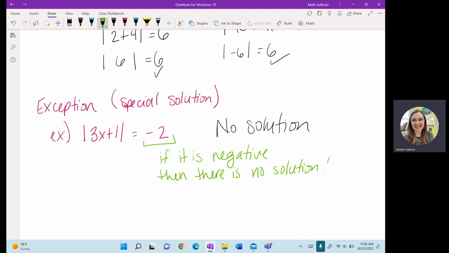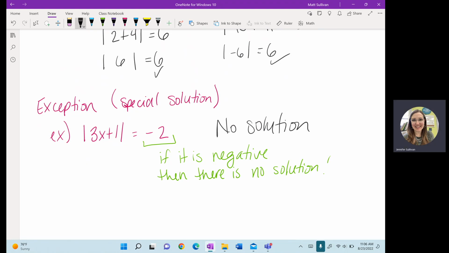So this, again, comes back up to the definition of an absolute value. We are asking ourselves when we look at this equation, what number, when I take it times 3 and add 1 and take the absolute value of it, is equal to -2?